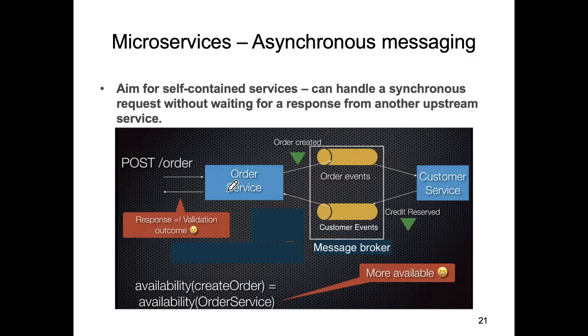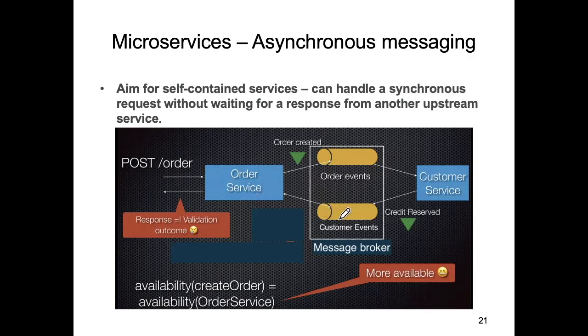And it eventually responds back to the requester, whoever the client is, on the synchronous request that's coming in over here. Now, clearly there are implications to introducing this middleware, if you like, as it might be referred to. You're no longer getting the response coming back from this service. It might give an initial response, which is essentially saying, I received your order.